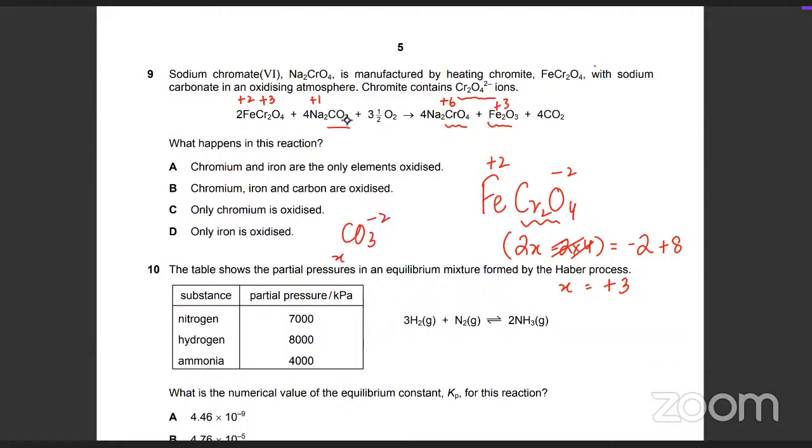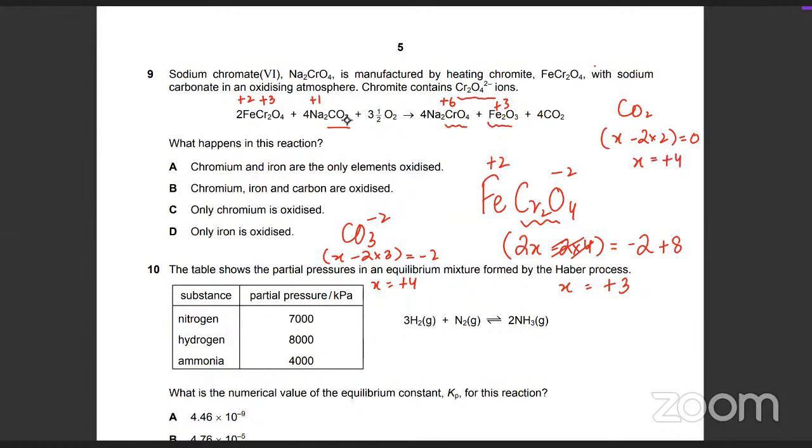So what is the charge on carbon? Carbon is x, oxygen is -2 times 3, and the total charge is equal to -2. So x will come out to be equal to +4, right? Or if I do it for carbon dioxide, carbon is x, oxygen is -2 times 2, and the total charge is equal to 0. X comes out to be equal to +4.